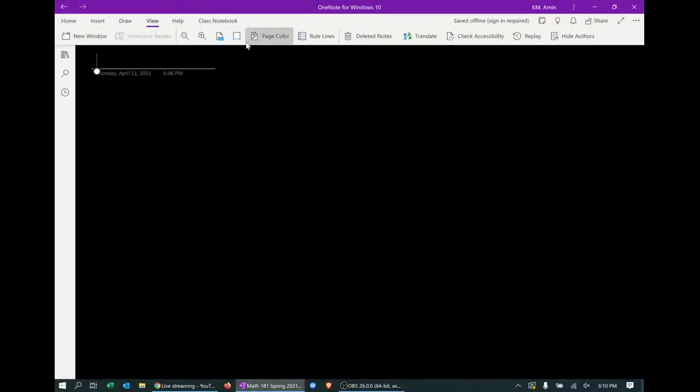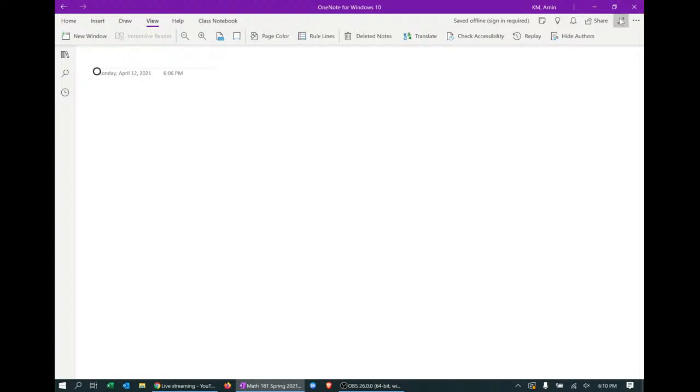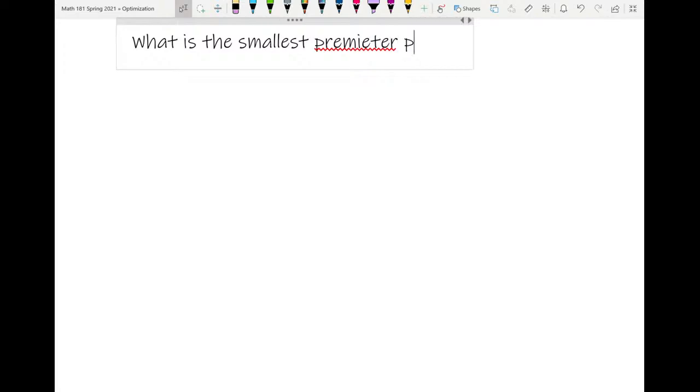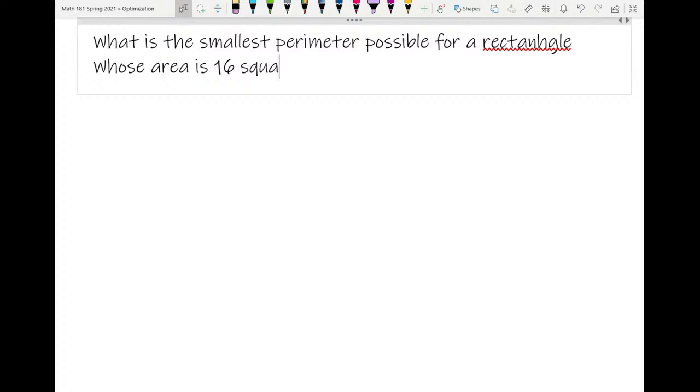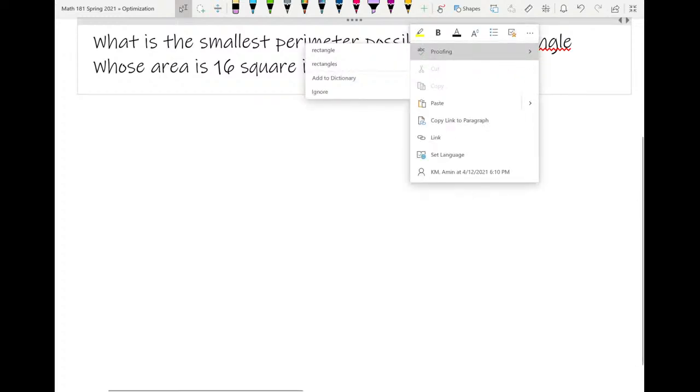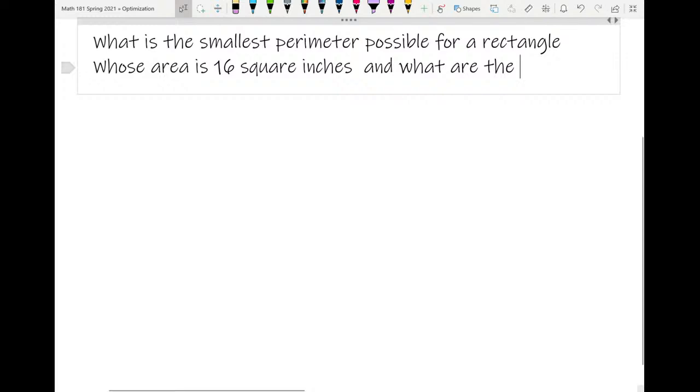What is the smallest perimeter possible for a rectangle whose area is 16 square inches, and what are the dimensions?